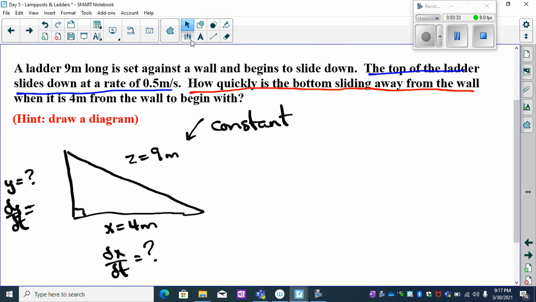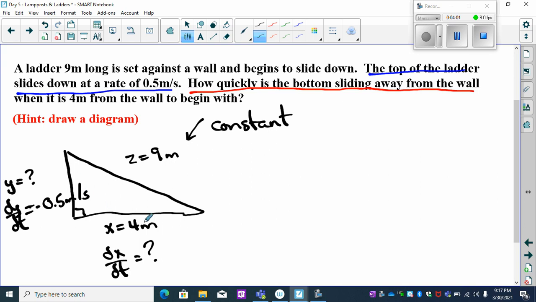All right, dy over dt would be 0.5 meters per second. And that's going to be a negative because it's coming down the wall. Now, it's not that it has to do with the down or up or left or right. It's actually that this distance is going to start out y units long, but as the ladder slides down, it's getting smaller. So that distance would be decreasing.